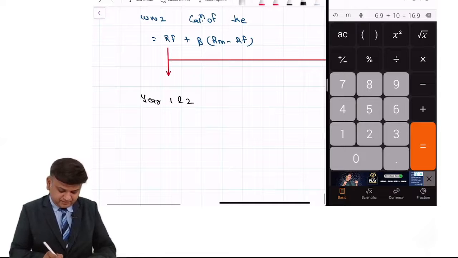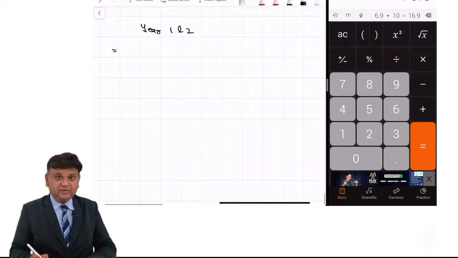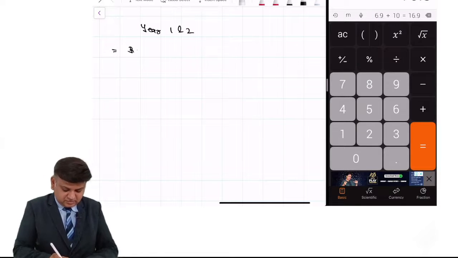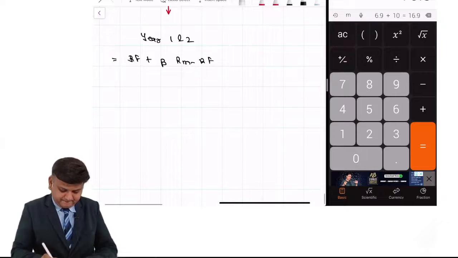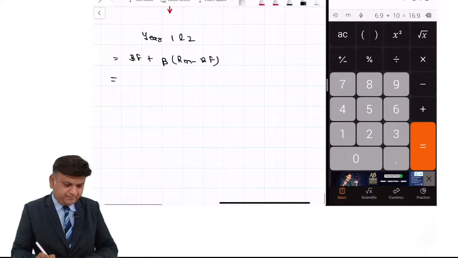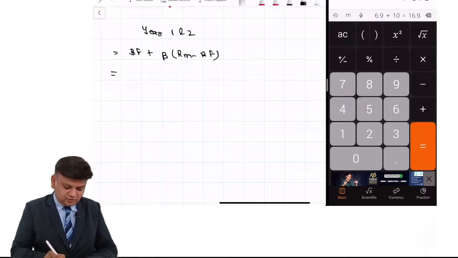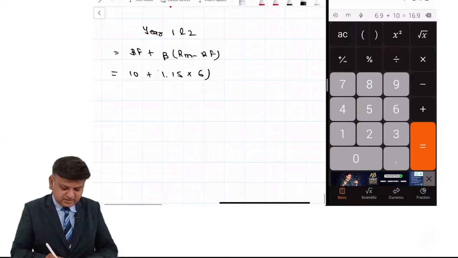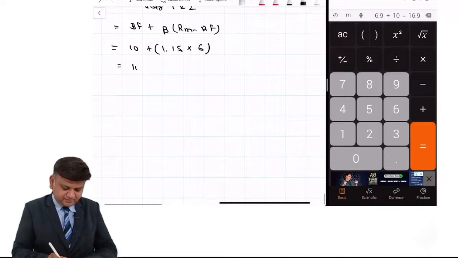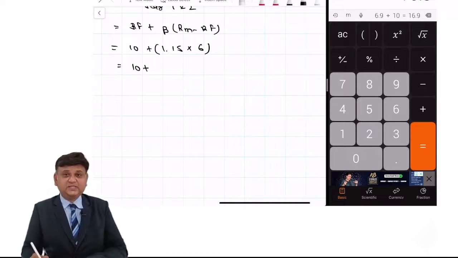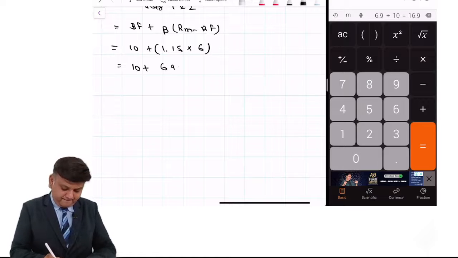So over here, cost of equity is found as RF plus beta into RM minus RF. In that, the risk-free rate of return is given to us as 10. Beta is 1.15 into market risk premium is 6. So 10 plus 6.9. That comes to 16.9.